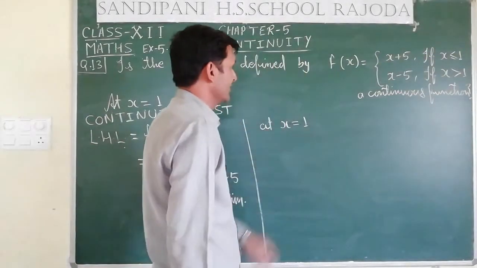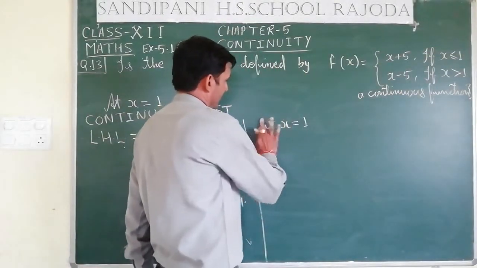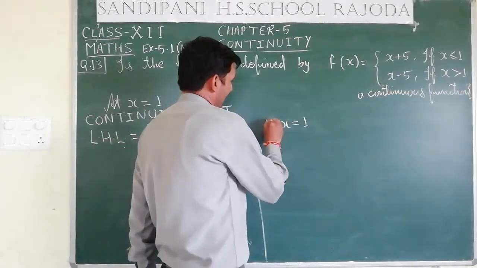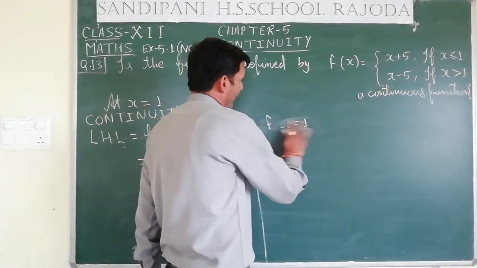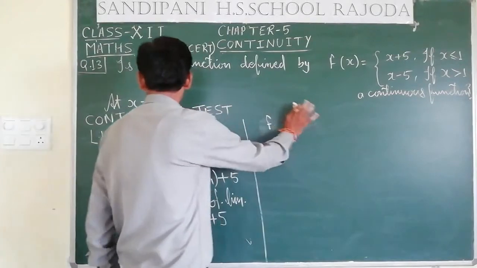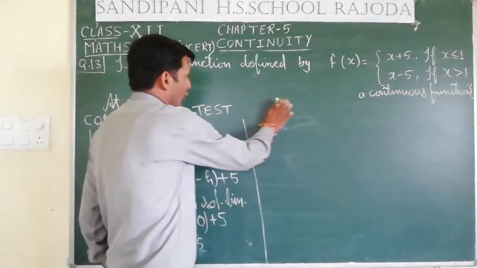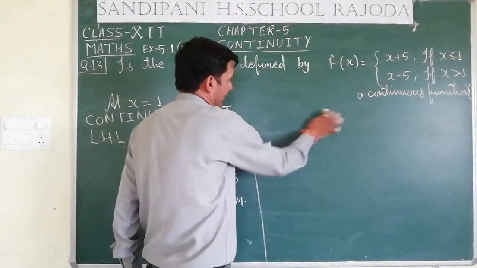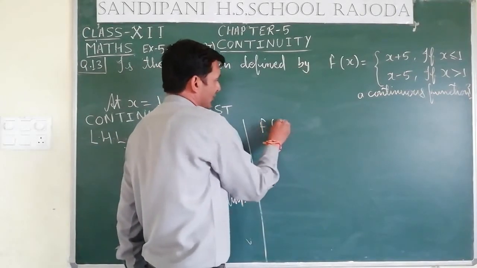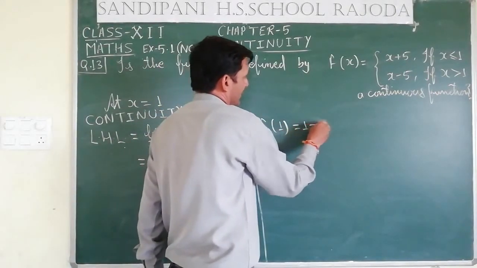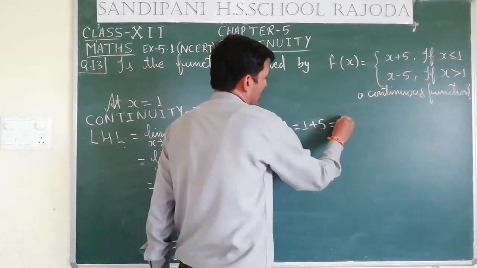So we can say f of 1 directly, because at x is equal to 1 we have already mentioned it. So no need to write x is equal to 1 again. f of 1 is equal to 1 plus 5, that is equal to 6.